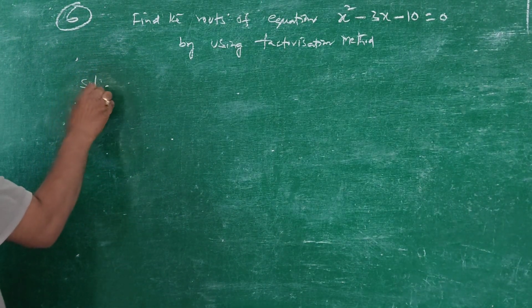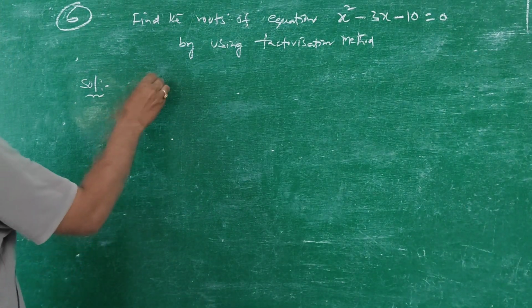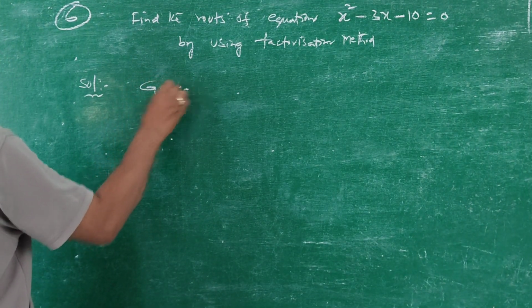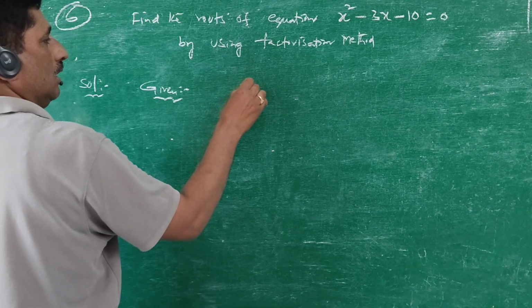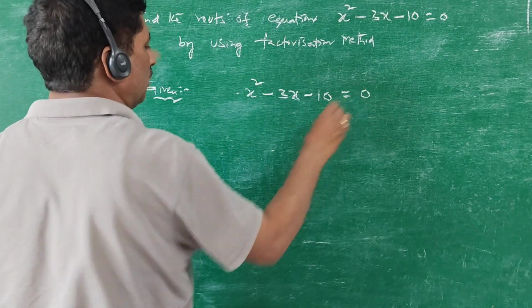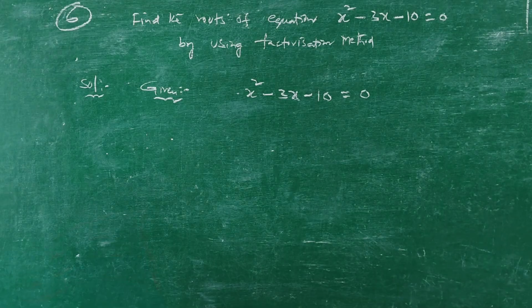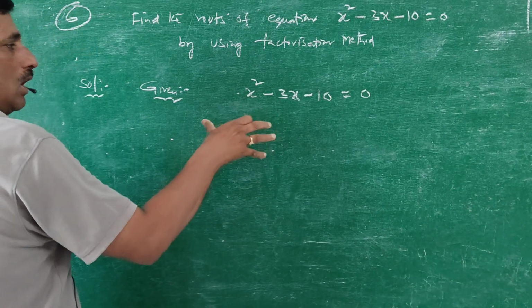Solution. In 9th class, we know how to find the zeroes. Same procedure I have to follow. Solution: the given equation is x square minus 3x minus 10 equals 0, the given quadratic equation. Now I have to split this quadratic equation into two linear factors. You know the procedure of how to split.